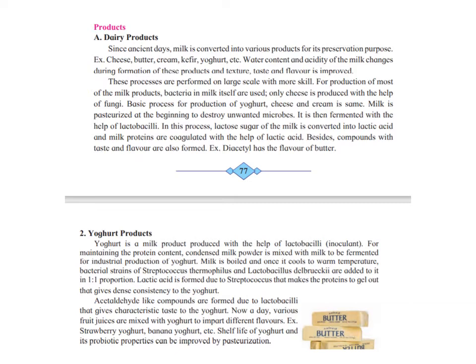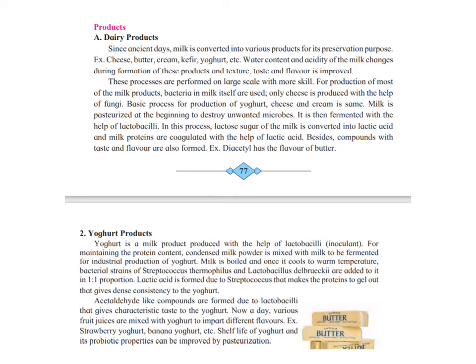But if the same has to be done at the level of a factory, then it is a little different. Here, for maintaining the protein content, condensed milk powder is mixed with milk, which has to be fermented for industrial production of curd.